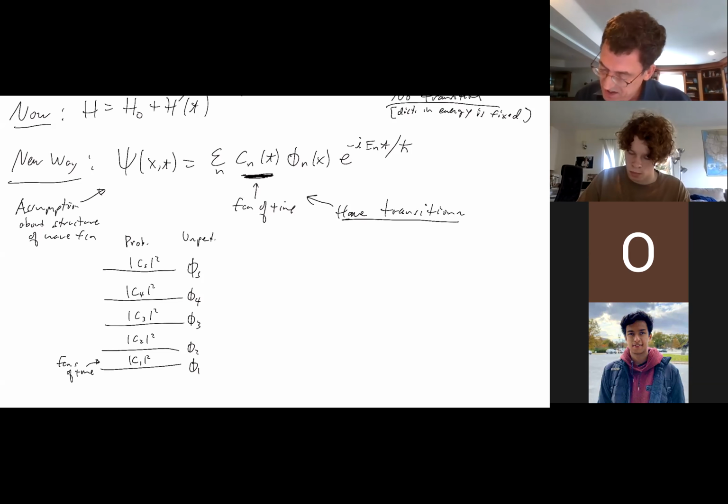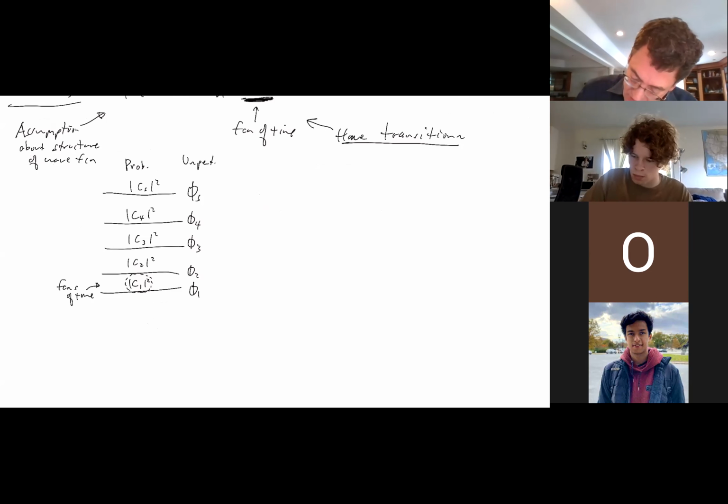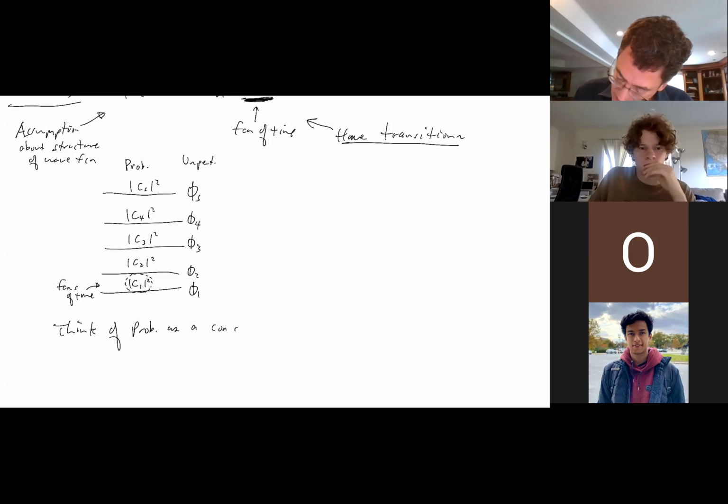And so basically what's happening, so this is really important. I want you to think of this as probability. And so you can think of this probability as a conserved quantity.